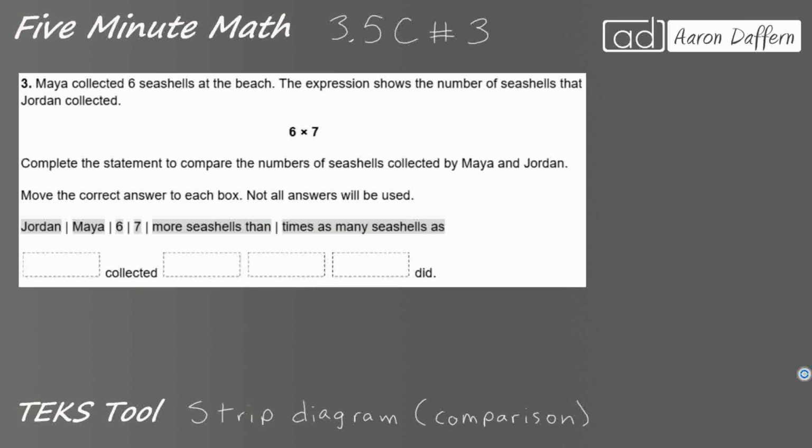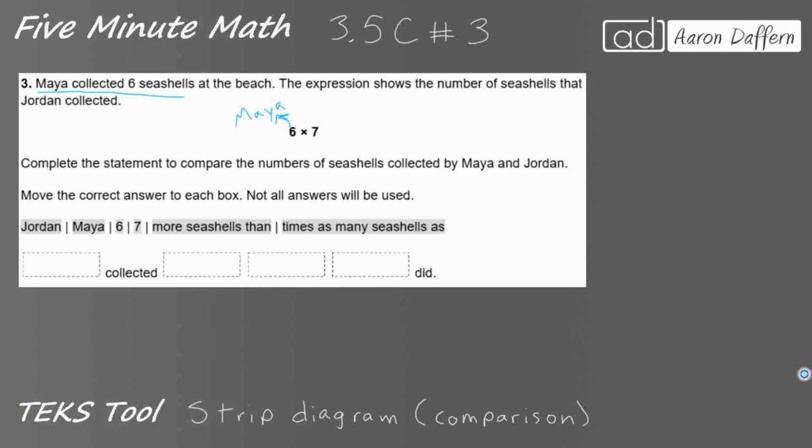So Maya is collecting seashells at the beach. And the expression shows the number of seashells that Jordan collected. So there's two numbers right here, and Maya is collecting the six seashells. So we can put Maya.